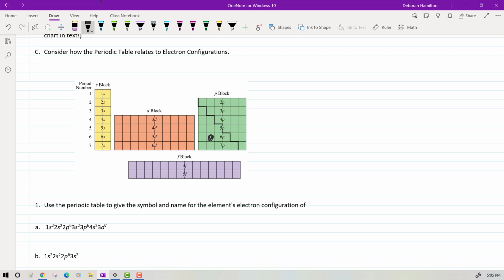To get there, we have to go 6s2, then we fill in the 4f14, then we come back into the periodic table, 5d, and then over 2 more to get that electron configuration: 6s2, 4f14, 5d10, and then 6p2. But again, the highest main level electrons are the S's and the P's.